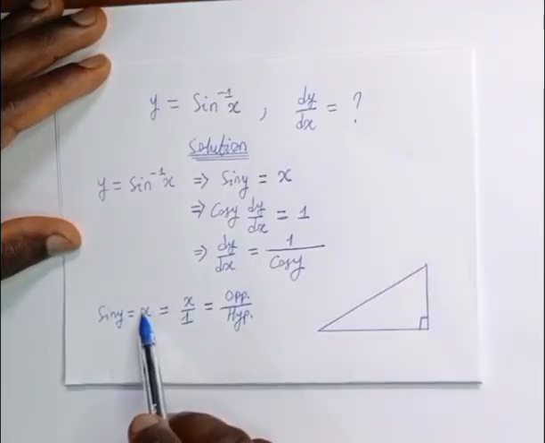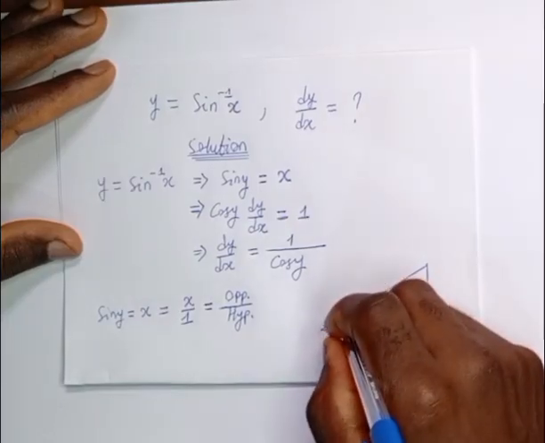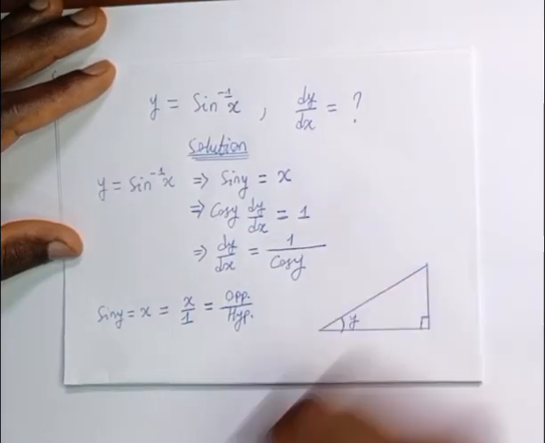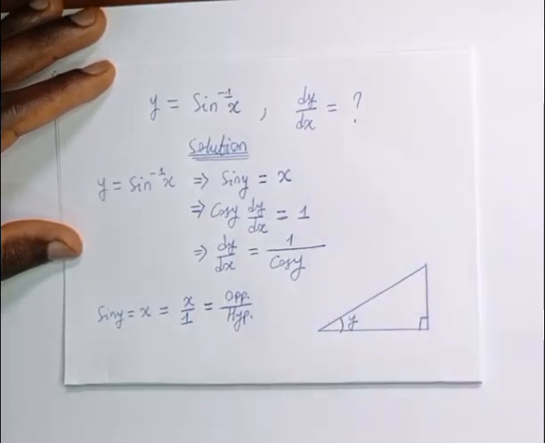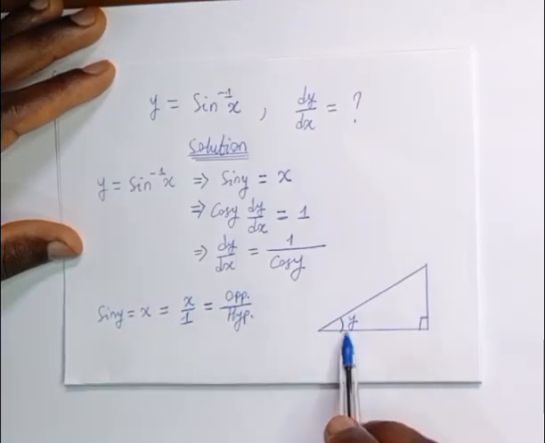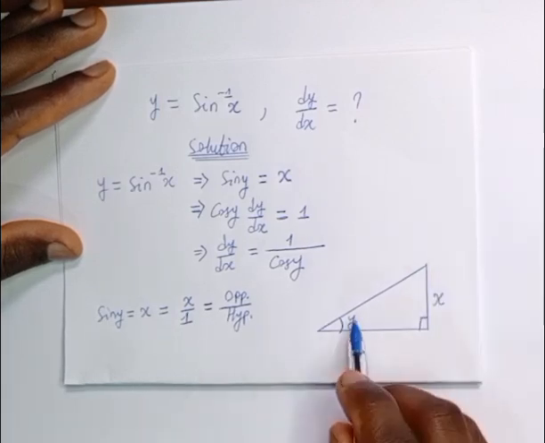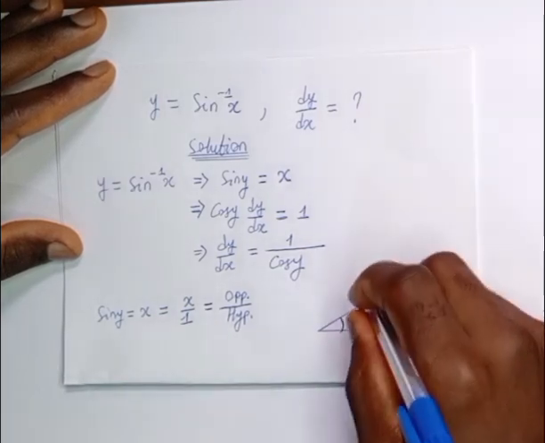Representing sine y equal to x on a right angle triangle, let's take this acute angle to be the angle y. The sine of an angle is given by the opposite over the hypotenuse. The opposite is x. This is the opposite of the angle y. Here we have x. The hypotenuse is 1.